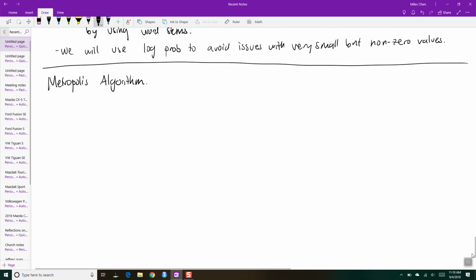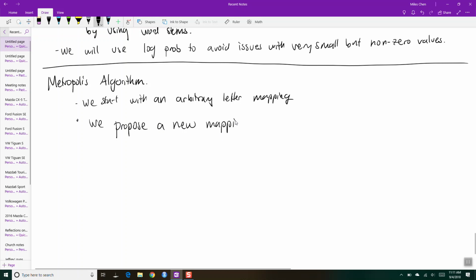So in this case, we start off with an arbitrary letter mapping, and we propose a new mapping, generally based on the current mapping.